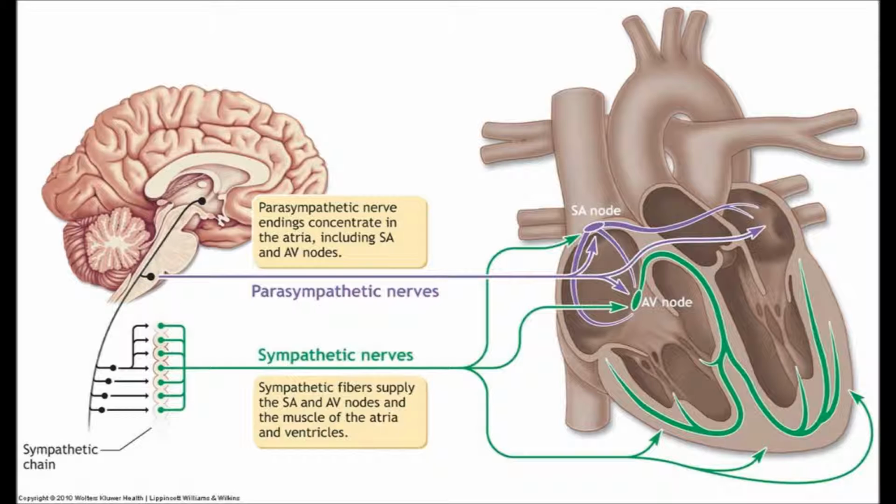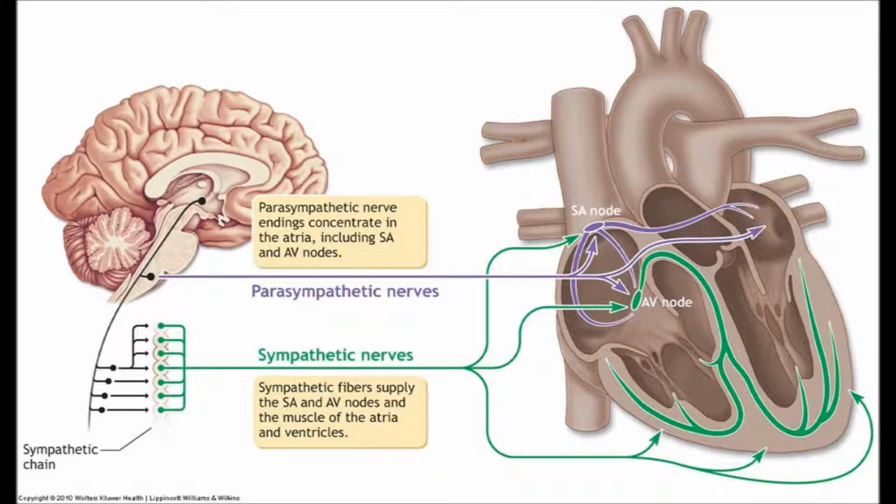This norepinephrine increases the activity of both nodes, and this results in an increase in heart rate. Norepinephrine also acts to increase the force of the myocardial contraction. This means that there's an increase in the amount of blood that can be pumped with each beat of the heart.